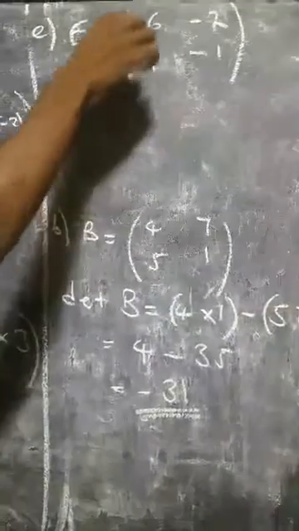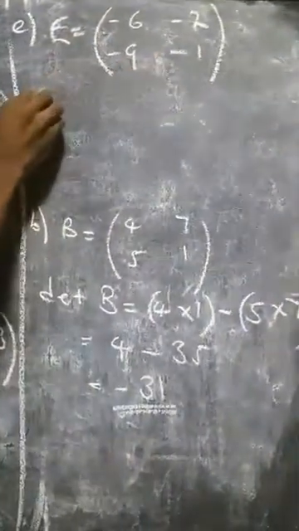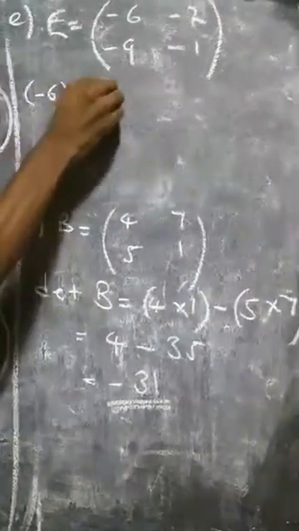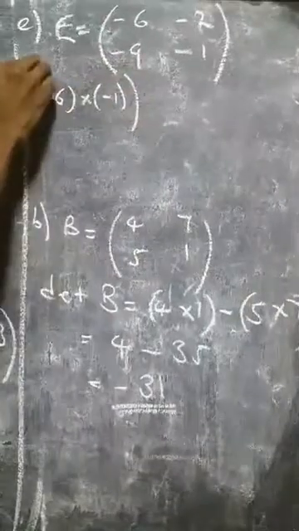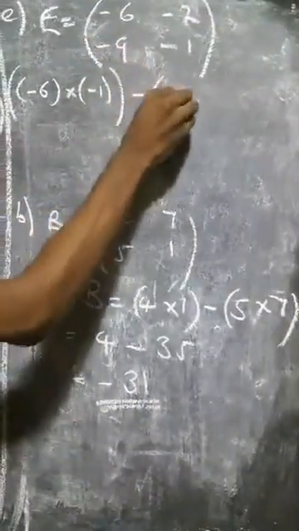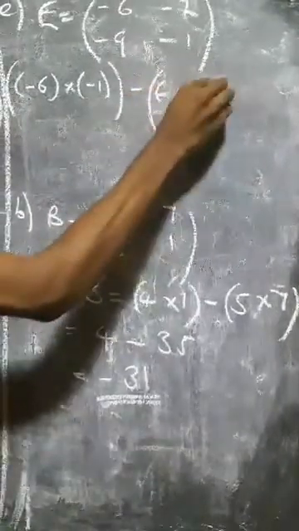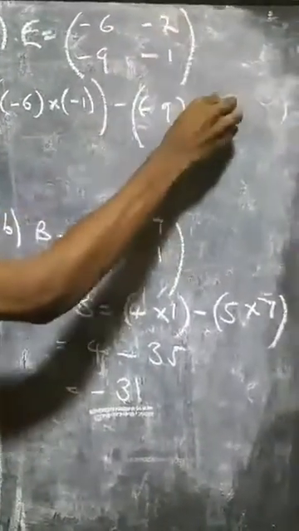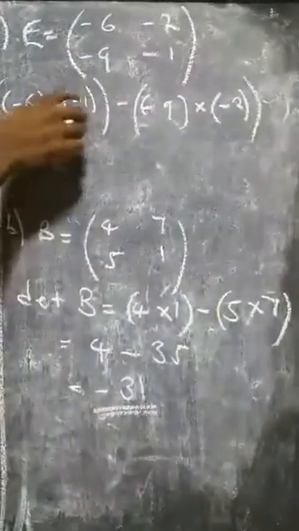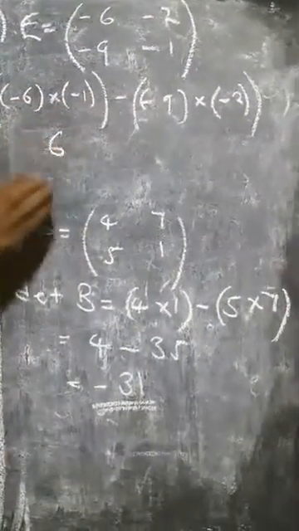Likewise, it's negative 6 by negative 1, minus negative 9 by negative 2. Negative by negative is positive, so positive 6.